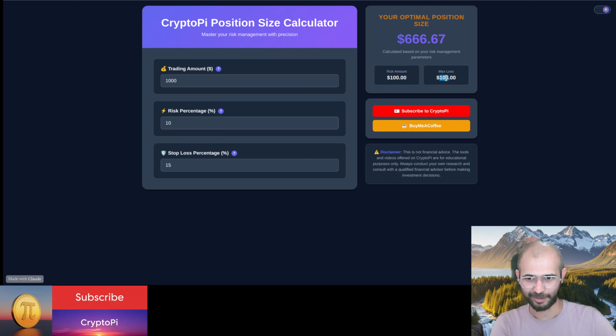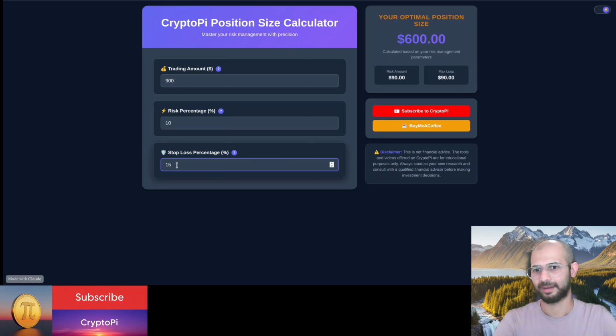After losing $100, I would still have 9 more trades. Let's say I close here at 9, then my next position size will be 600 and I will lose 90. So you'll have many more trades to take if we follow this rule that the risk percentage should be lower than the stop loss.